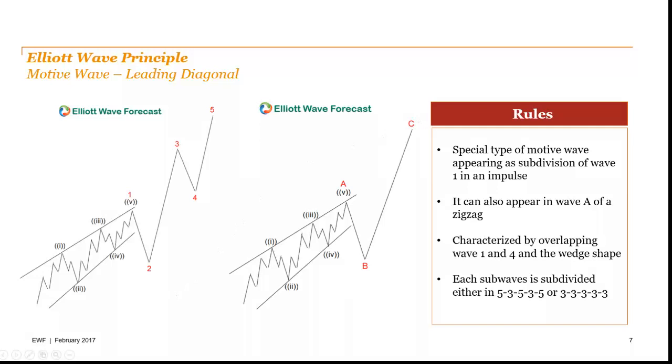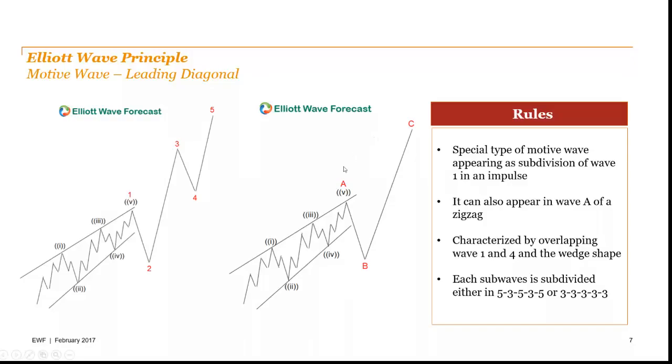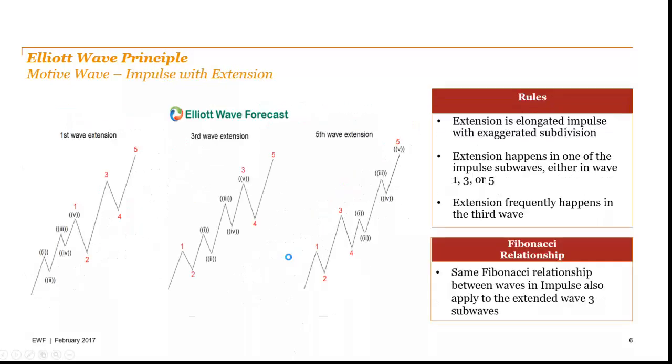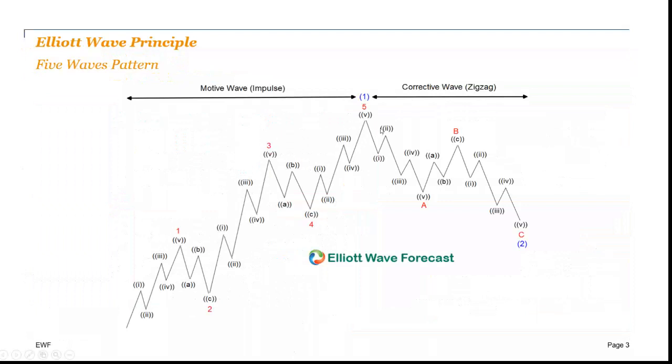So if you go back here, this A should be subdivided into 5 waves, this C, because it's a 5, and then this is 3, and this is 5. Remember this one? A, B, C. That's a zigzag. It's a 5, 3, 5.